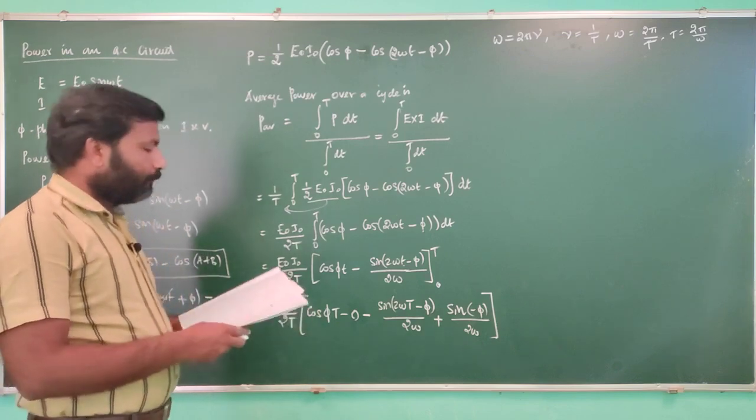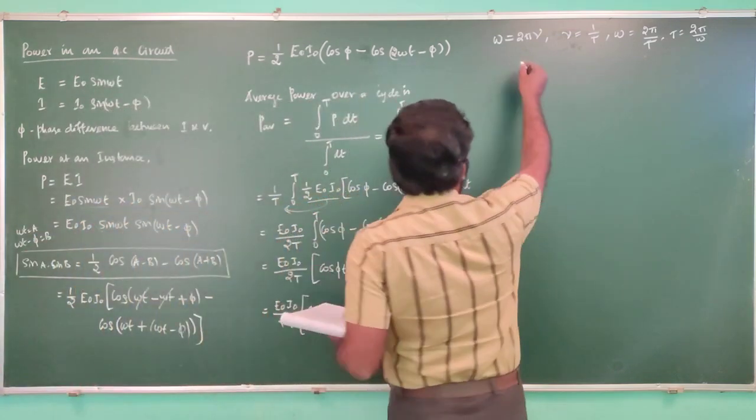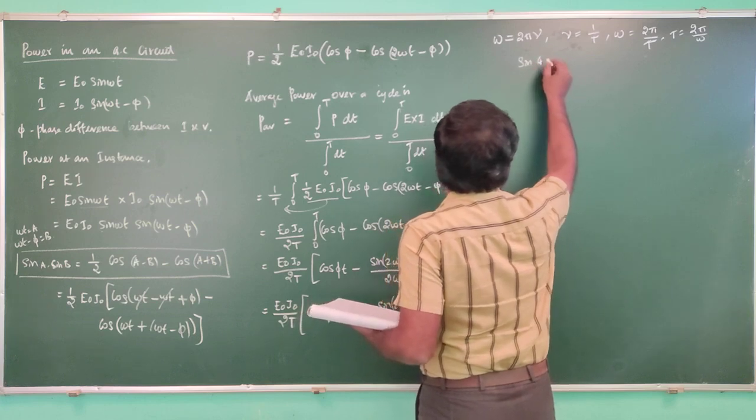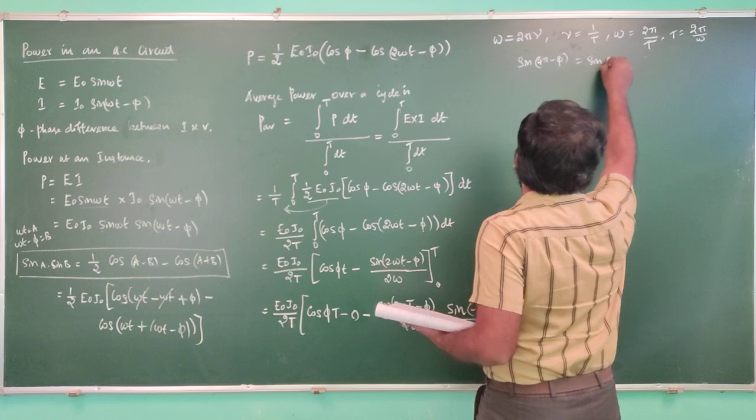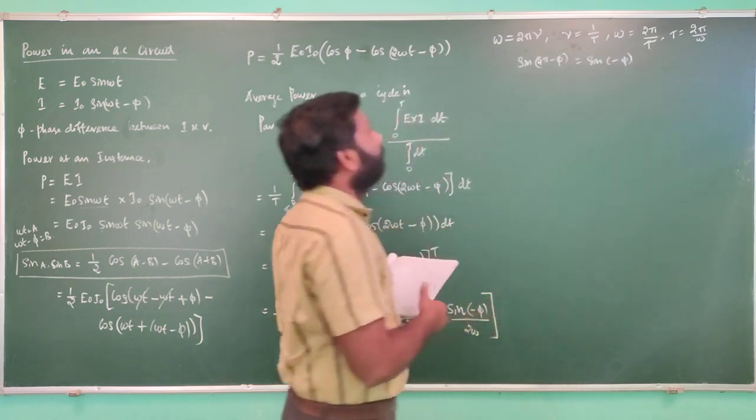That is one point. And another point, sine of 4 pi minus pi is equal to sine of minus pi.